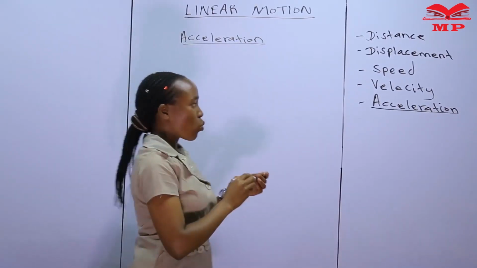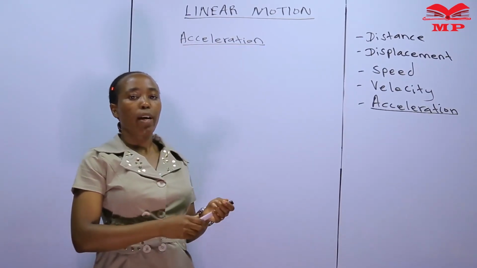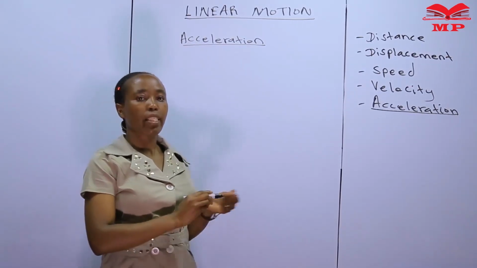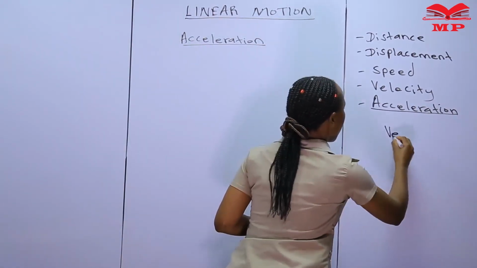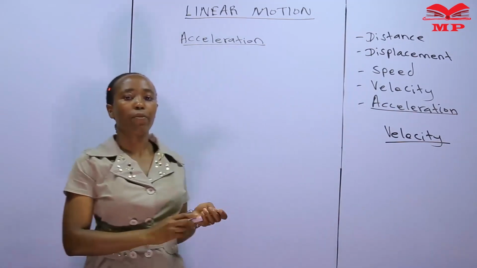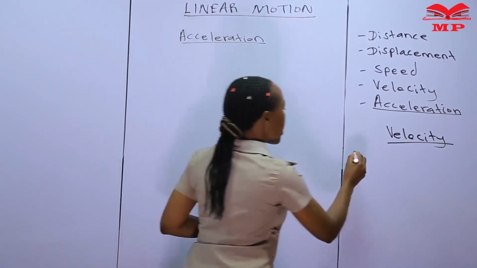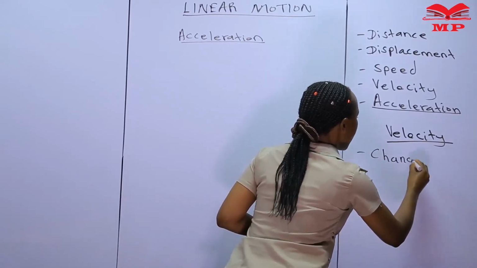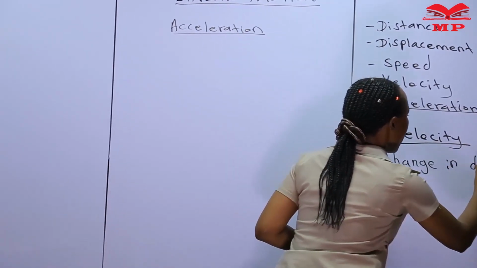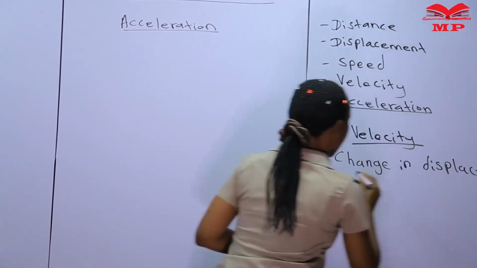Before we go to acceleration, I would like to review what we covered previously, that is velocity. Just as a reminder, we said velocity is the change in displacement per unit time.